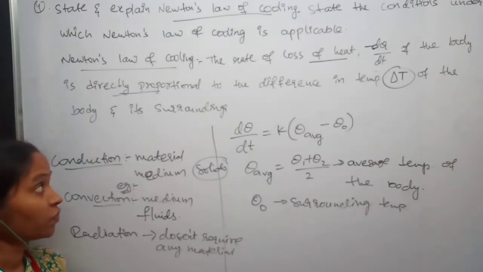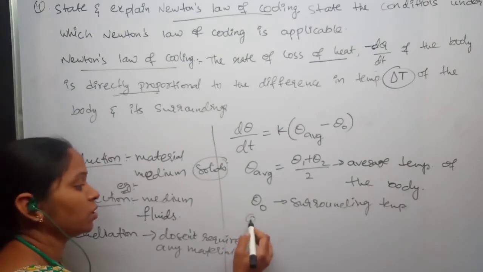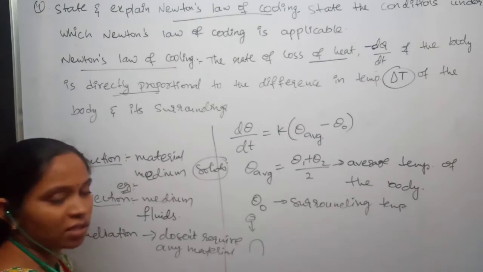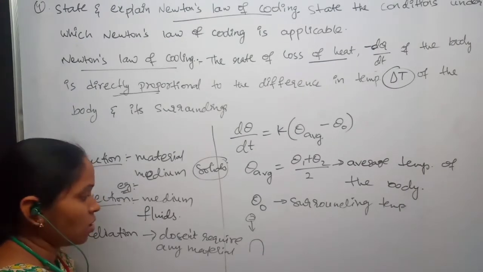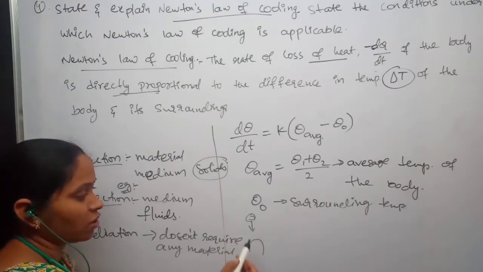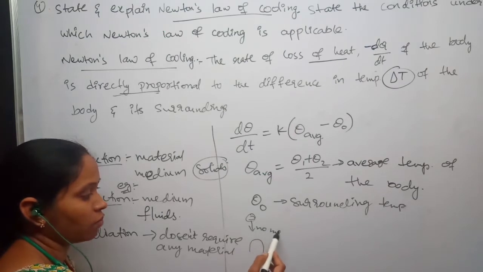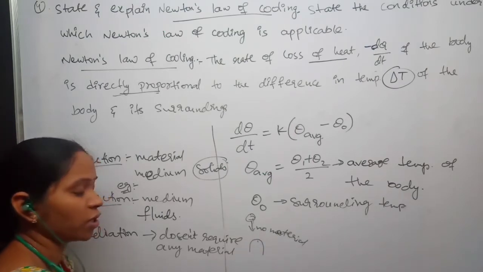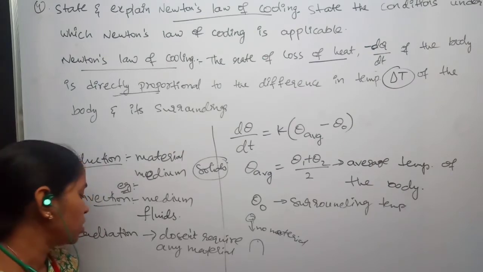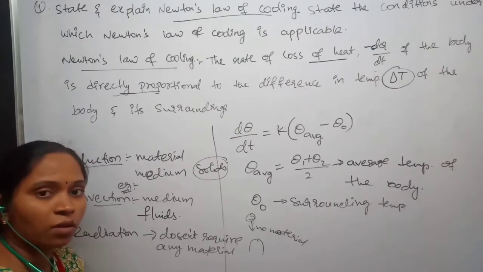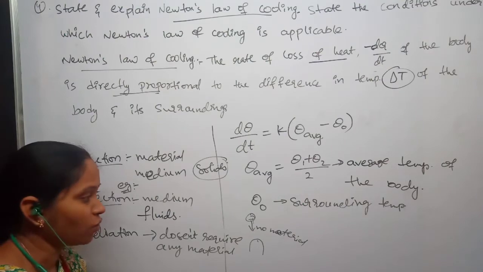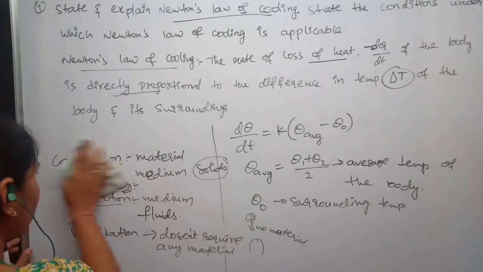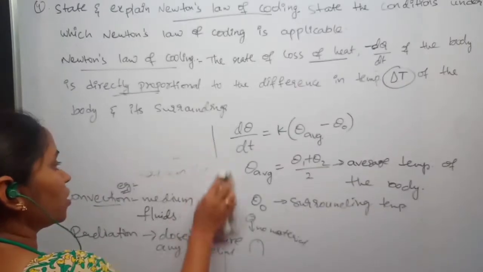For example, the heat from the sun reaches the earth's surface, and between the sun and the earth there is no material medium, but the heat transfer takes place. It's just because of radiation. Through electromagnetic waves the heat transfer takes place here. This is the difference between conduction, convection and radiation.